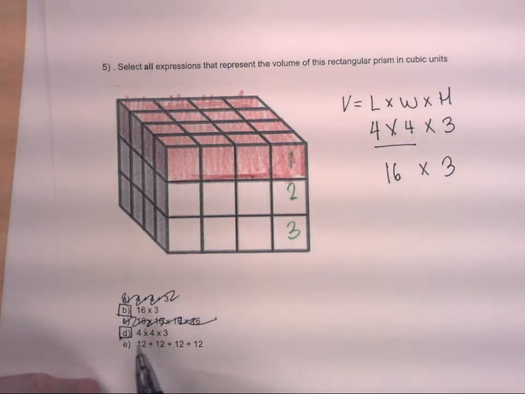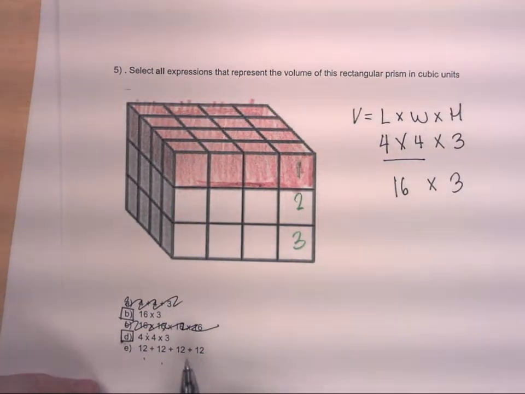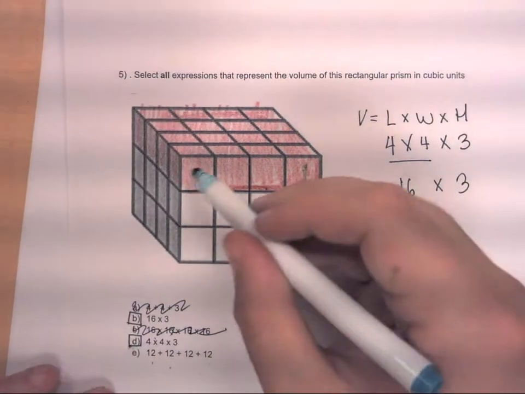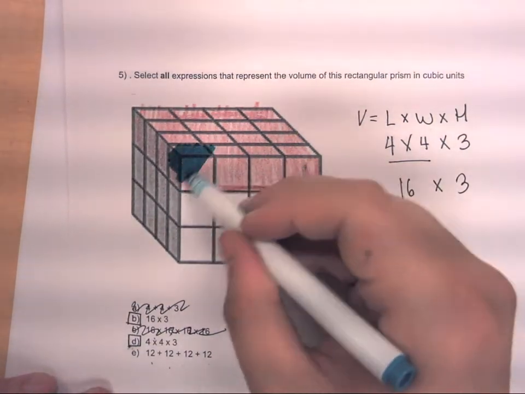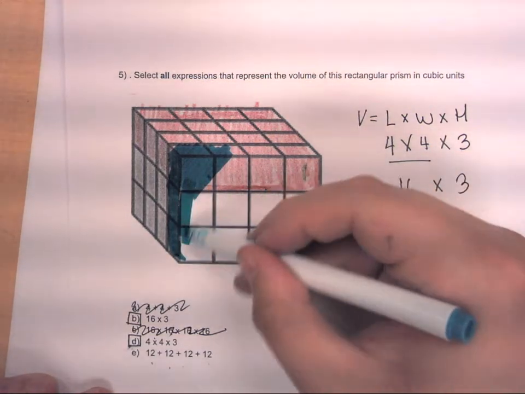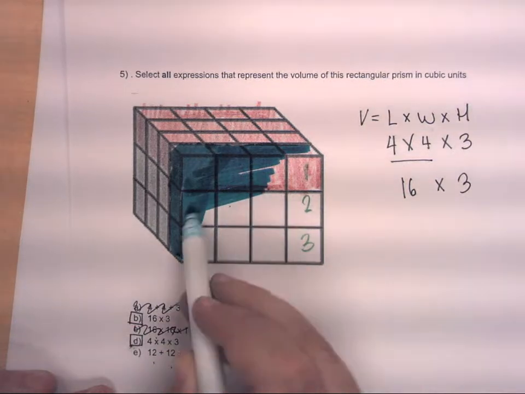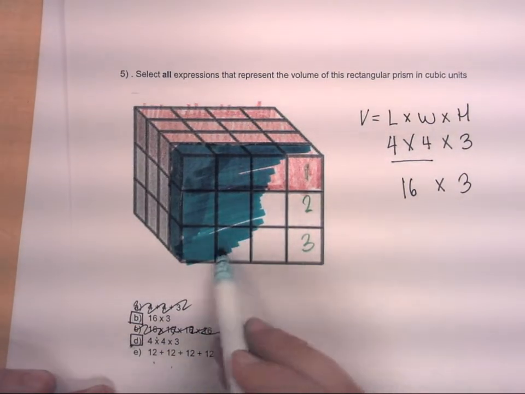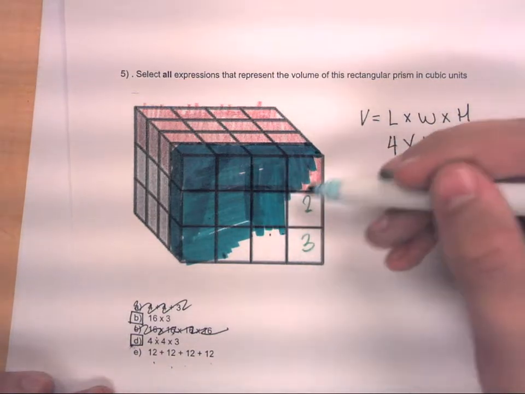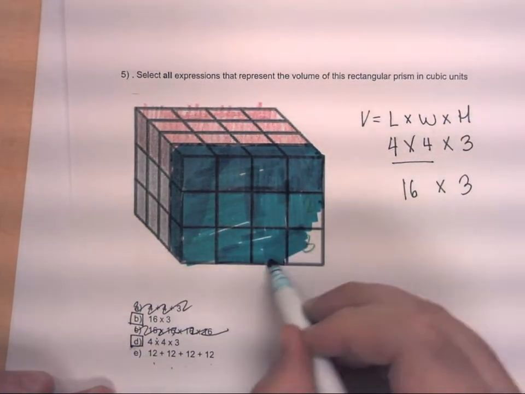E says 12 plus 12 plus 12 plus 12. And this one I'm a little more intrigued about, because if I think about this rectangular prism differently, instead of thinking about the prism as having a layer of 16, I could think of this prism as having a layer of 12 as well.